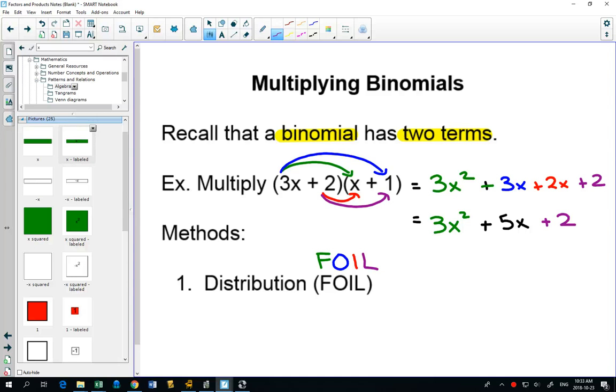But the last one still showed up. The first one still shows up. But the other two get combined. This is the most typical method that we're going to use for multiplying binomials. There are other ways of multiplying binomials. Okay? We're going to have fun today.